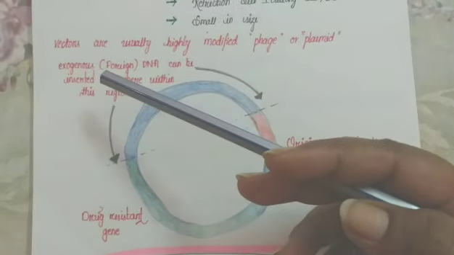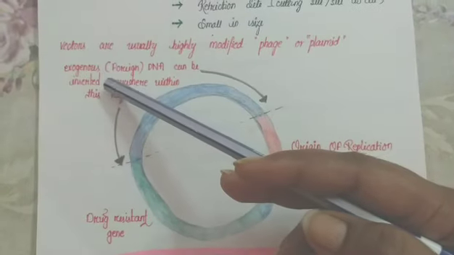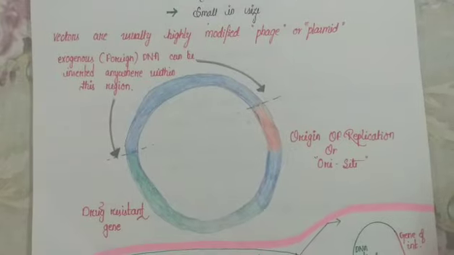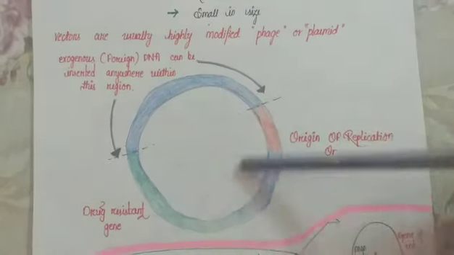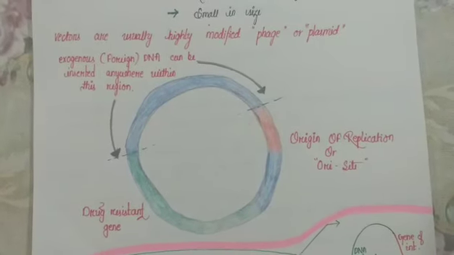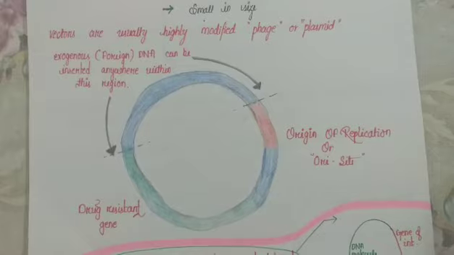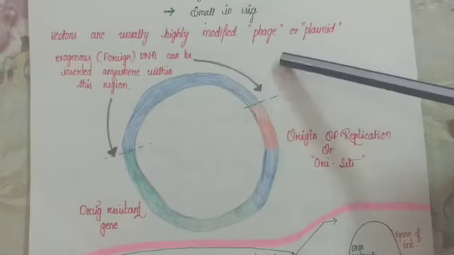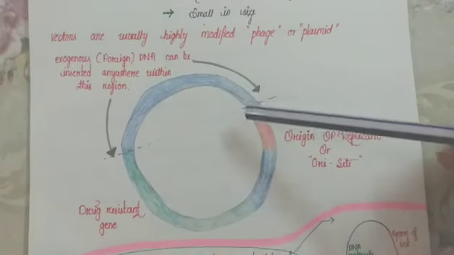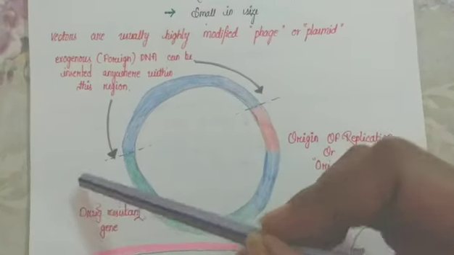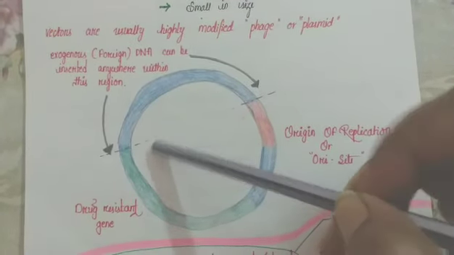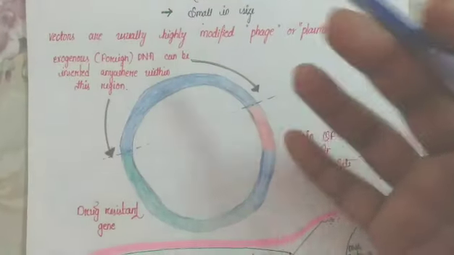Those vector DNA molecules are already circular in structure. What we do is simply extract those circular DNAs from the bacteriophage's body. After extracting the DNA molecule, we make use of certain enzymes, which are also very important in genetic engineering.